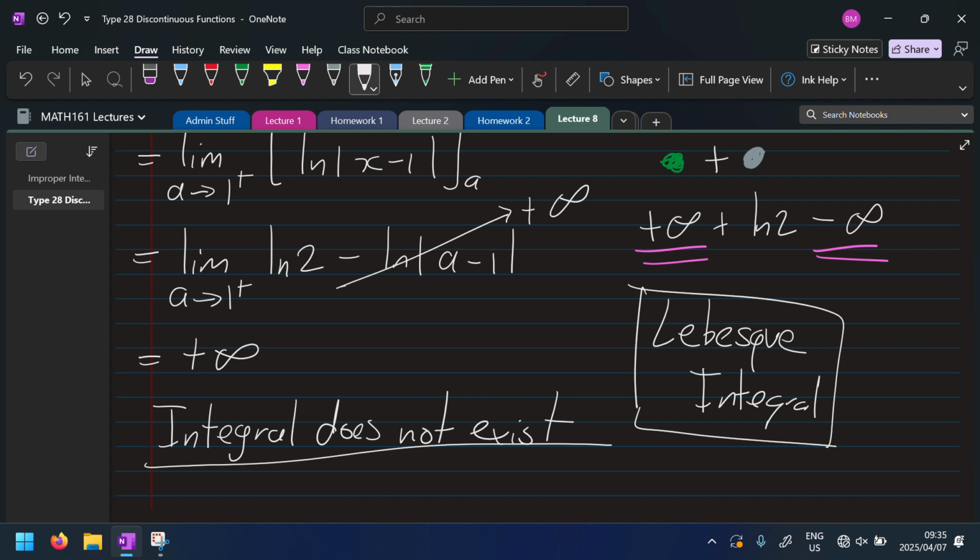So with these types of improper integrals, if you use the Riemann integral, like we've been doing last year and this year, the integral does not exist. That's the answer. But if you look at something called the Lebesgue integral, it will give you something different. Please do not look at that. That is advanced stuff.